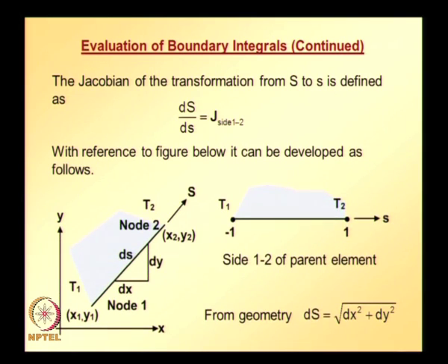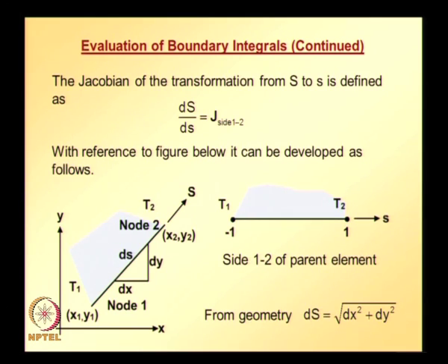To get that, let us closely look at this figure, which shows only side 1 2 in the actual element and also side 1 2 of the parent element. The actual element is shown on the left hand side and the parent element on the right hand side, and d capital S, the small differential element along side 1 2 in the actual element, is indicated there.